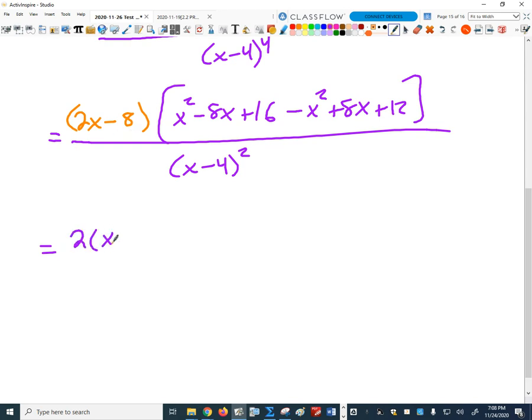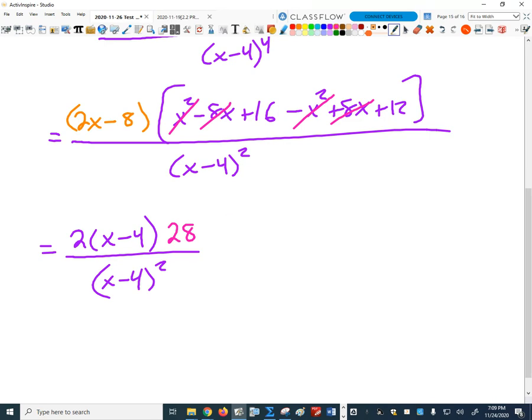So I get 2 times x minus 4. And then inside the brackets, look what's going on here. The 8x's are canceling, the x squareds are canceling, and 16 plus 12 is 28. Divided by x minus 4 quantity to the fourth.